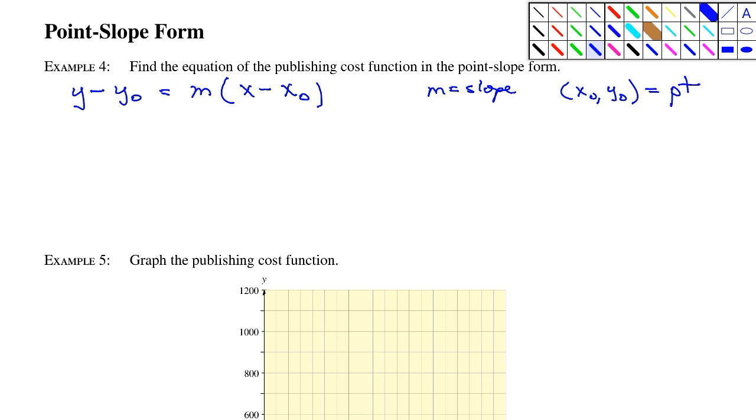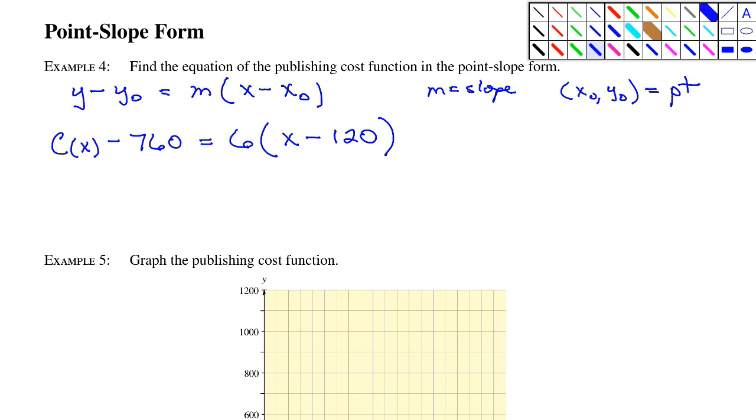So we'll use the same pieces of information to create the equation of the publishing cost function in the point-slope form. So for y, I'm going to use c of x. For y naught, that's my $760. M is still 6. And then we have x minus 120, because the 120 and the 760 go together.